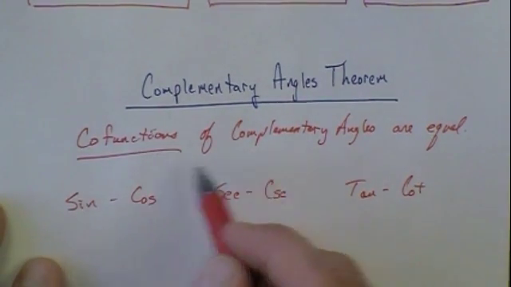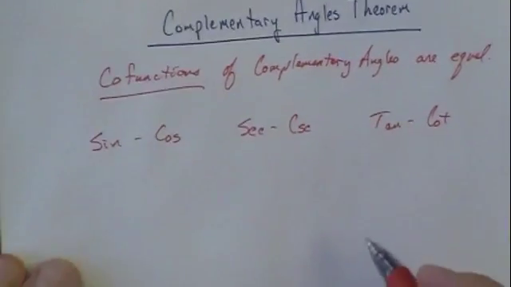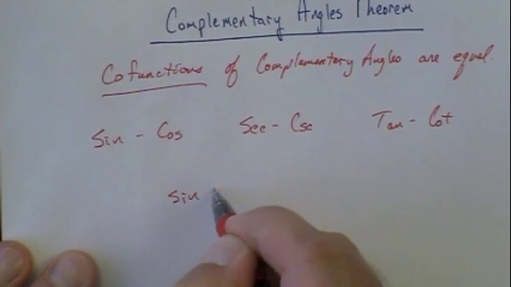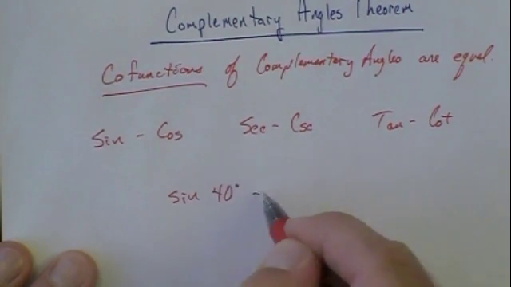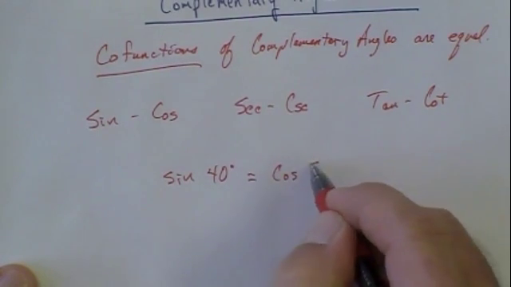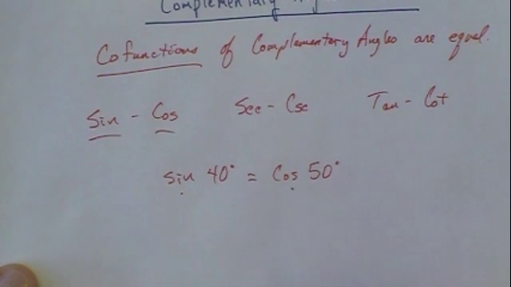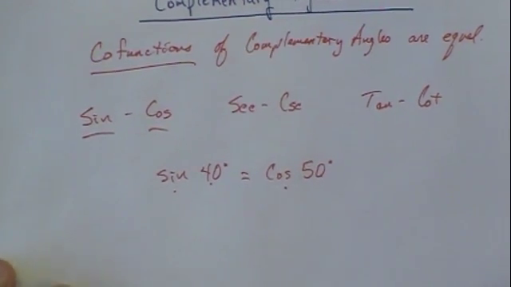So when we're talking about cofunctions of complementary angles, we could be talking about the sine of 40 degrees. That's going to be equal to the cosine of 50 degrees, because we have these two cofunctions and then we have these complementary angles that add up to 90 degrees.